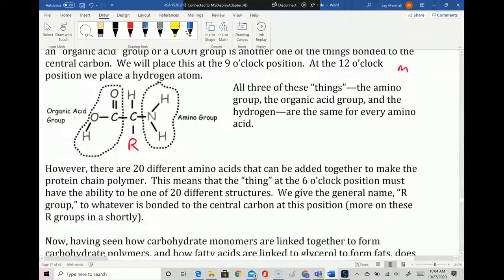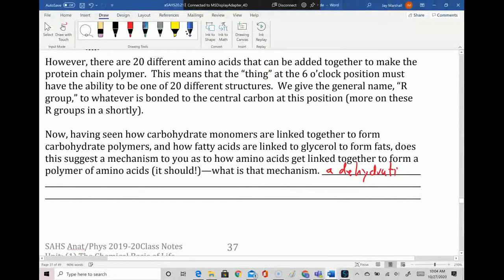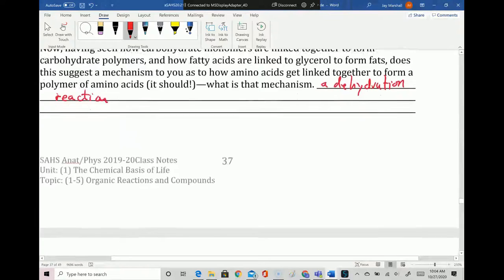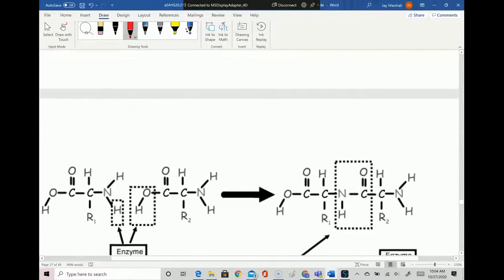That's the mechanism of hooking amino acids together, a dehydration reaction. And remember, I've told you that dehydration reactions are one of the single most important ways that chemicals can interact in the cell. We have to do this again and again and again and again.